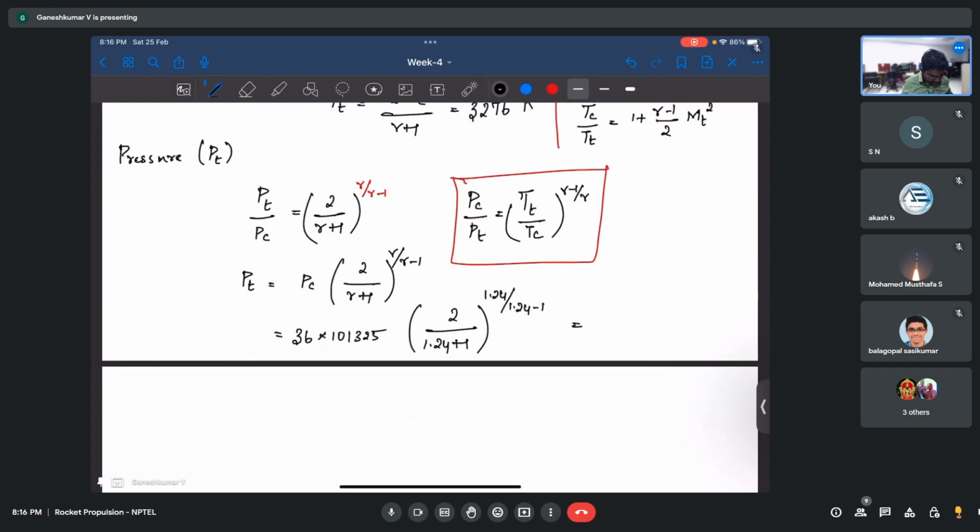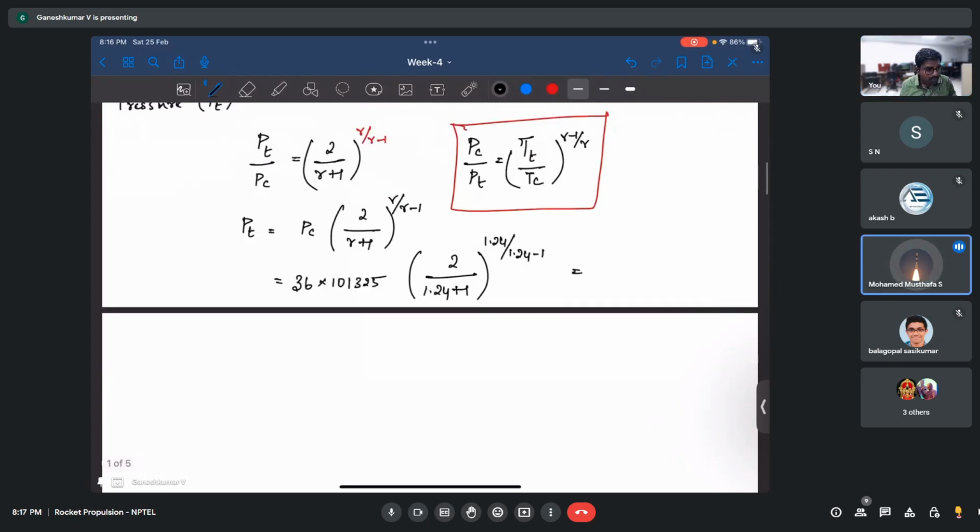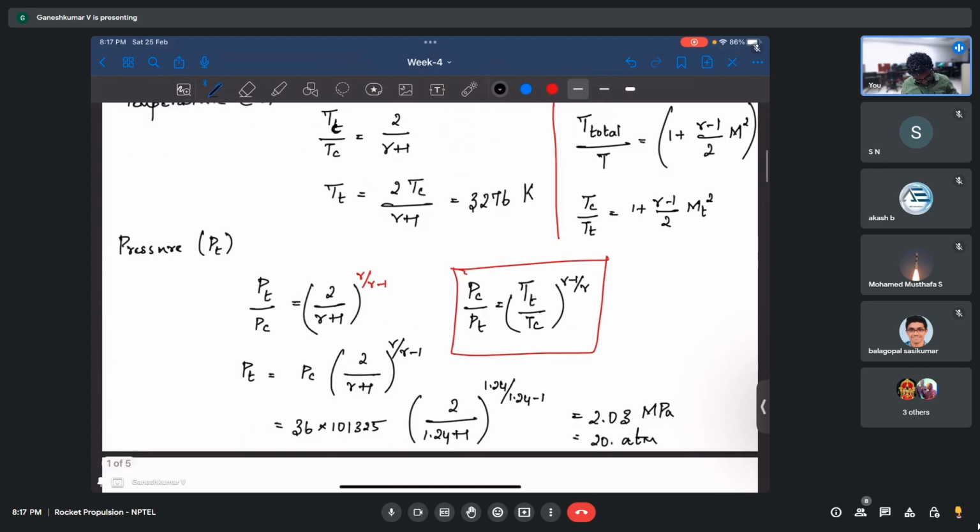It should be less than 36 atm. I'm getting 2.03 megapascal, or you can write it like 20 atmospheres, or 20.3, depending on how you want to put it. So this is the pressure at the throat.